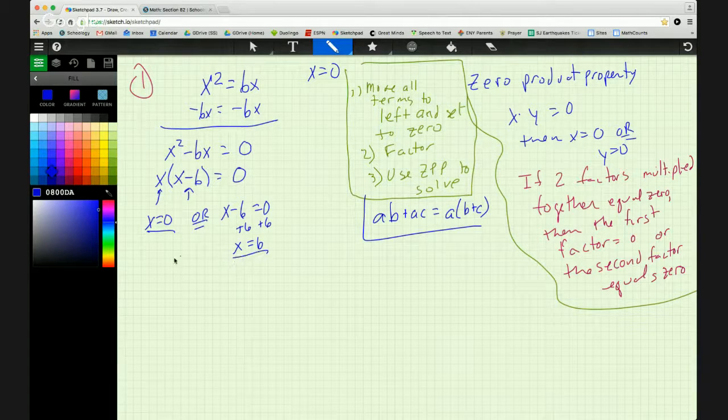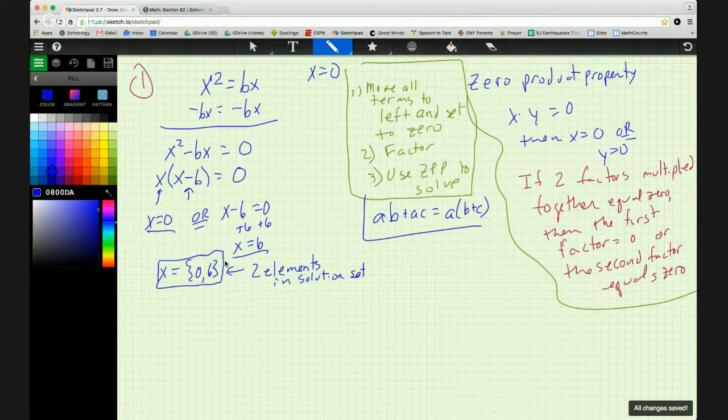So we actually have 2 answers that make this work. We're going to use set notation, which is the easiest way to show an answer when the solution set has multiple elements. Here we have 2 elements in our solution set. So a 0 or a 6 works.